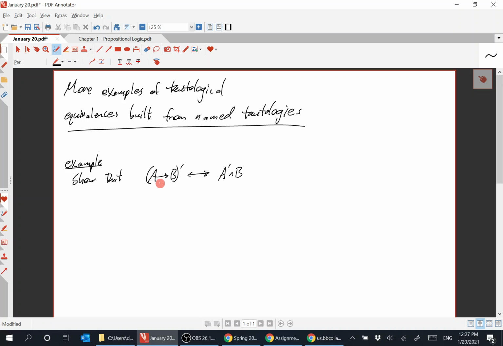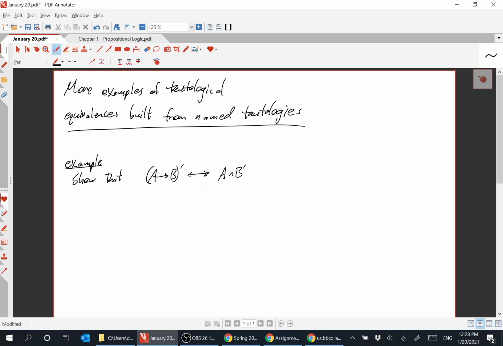In other words, A implies B is false when the hypothesis A is true and the conclusion B is false. That's something I've been saying for a while now.